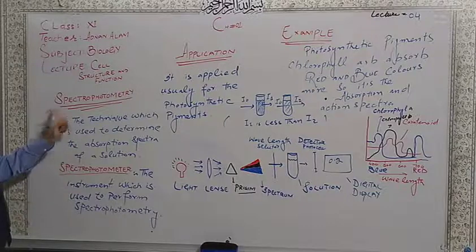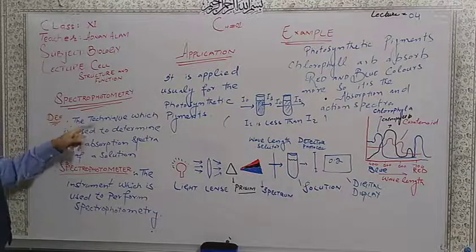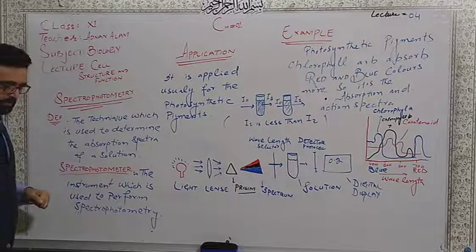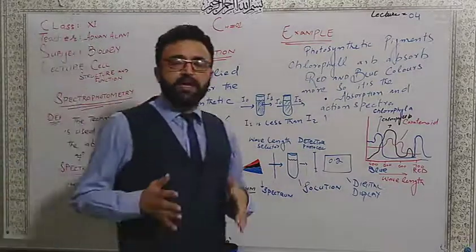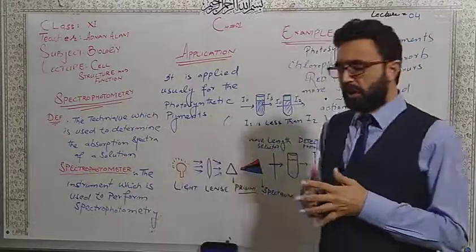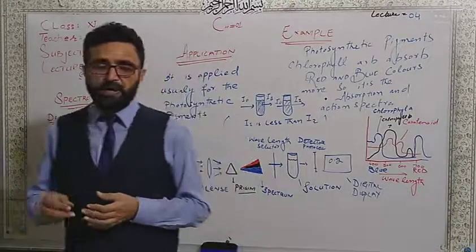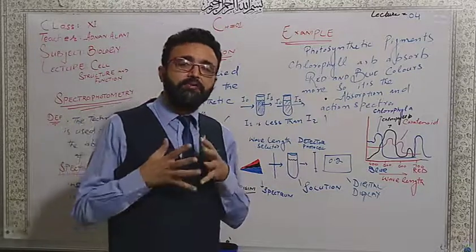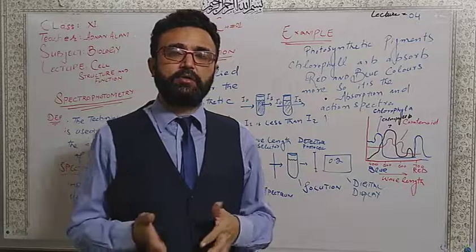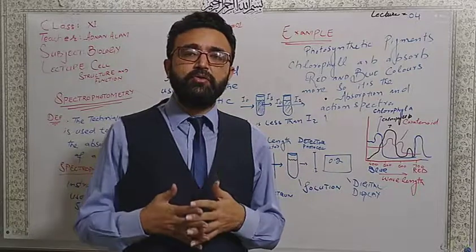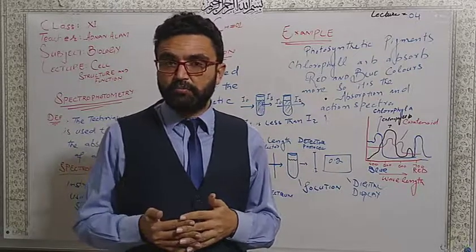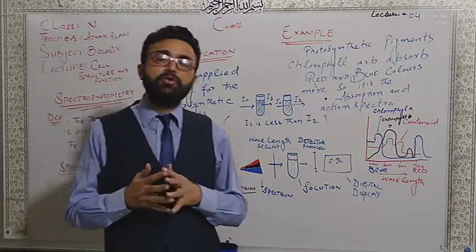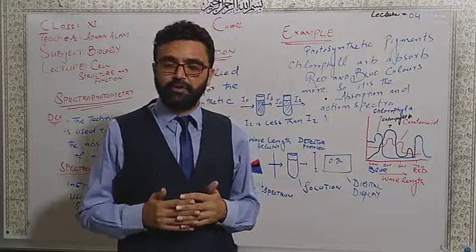Today we have spectrophotometry. This is a technique which is used to determine the absorption spectra of a solution. What does it mean by absorption spectra of the solution? Every solution, if we pass light through it, will absorb a particular wavelength, a particular color, more, and some colors will not be absorbed by the solution.